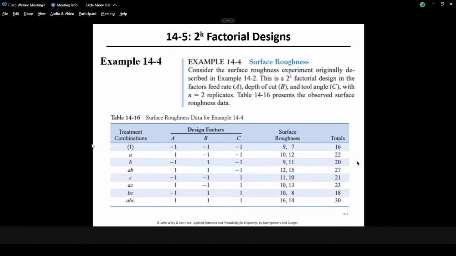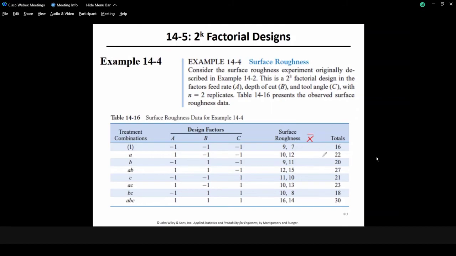Calculate the x bar here. X bar, right? This is 8. Okay, let me check again.